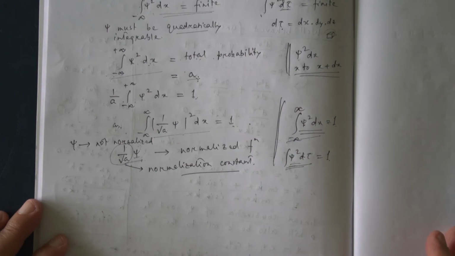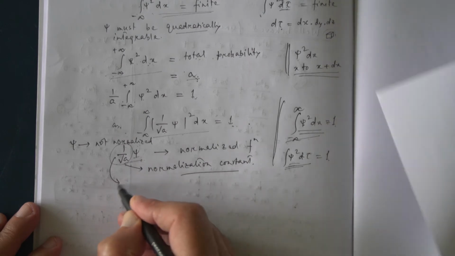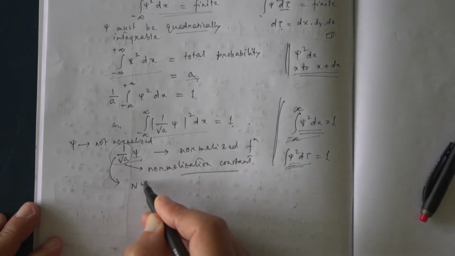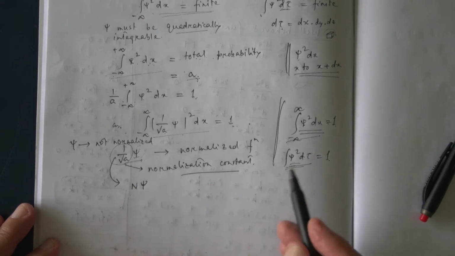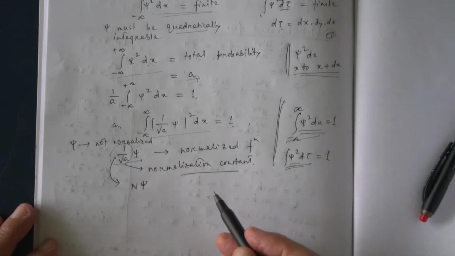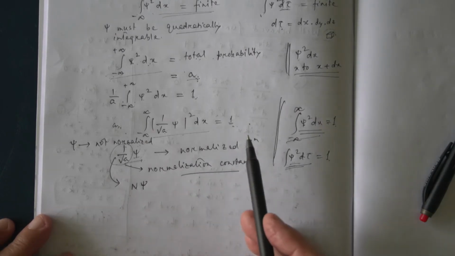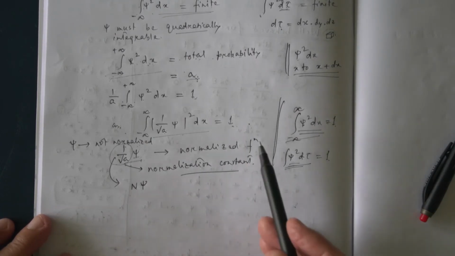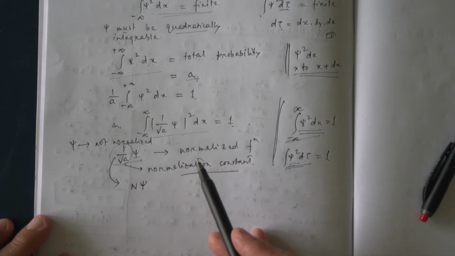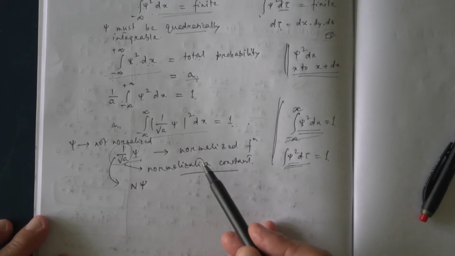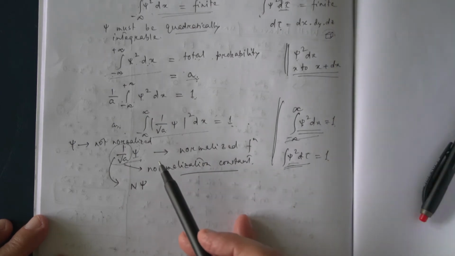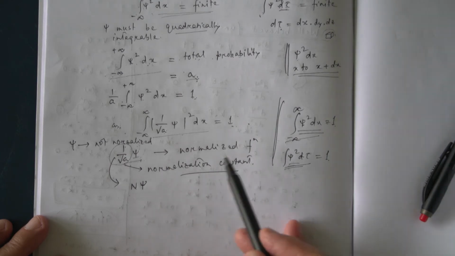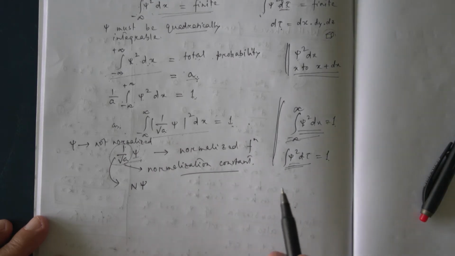We can write it like this: n psi, where n equal to 1 by root A. Here in quantum chemistry we will often find that a function is not normalized, and we normalize the function by multiplying by a constant. We'll see this later.